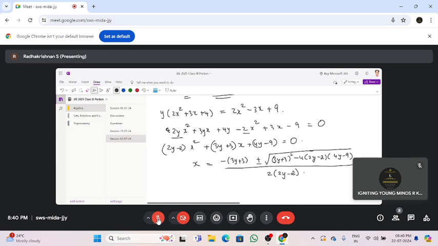Correct? Now you see x can take only these two values in terms of y. Okay, if you write like this, only two roots are there, right? So one of them is the maximum value of x and the other is the minimum value of x. Okay.